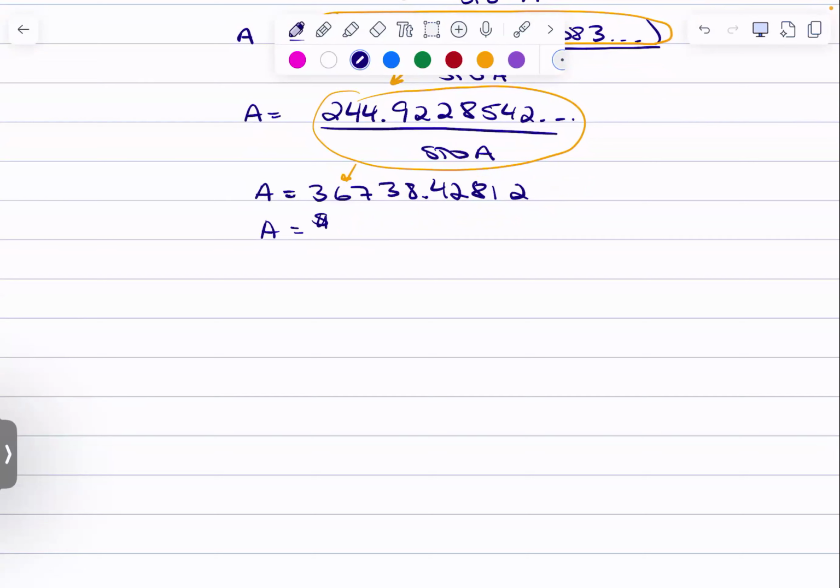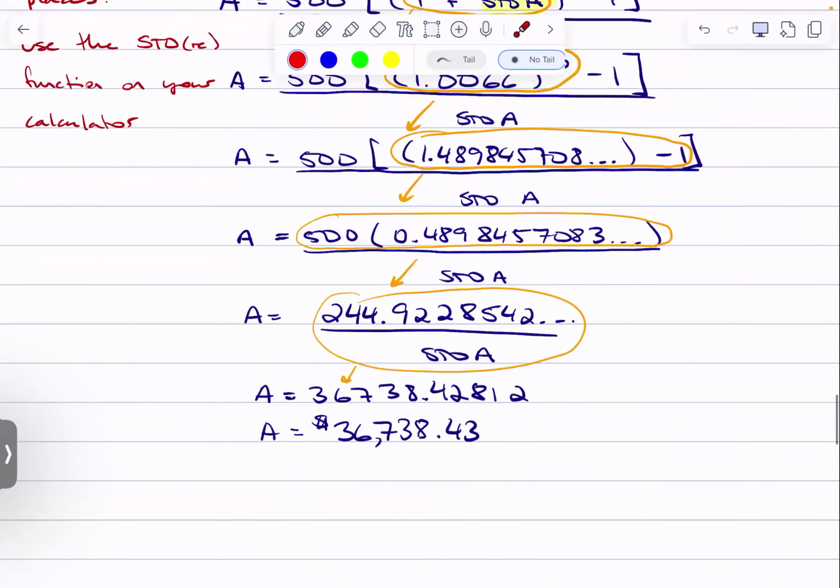A is money, which means that at the very, very end, I can round to 2 decimal places, right? But not until the very end. 738 and 43 pennies. We get $36,738.43. Nice.